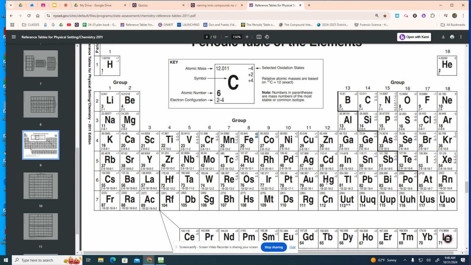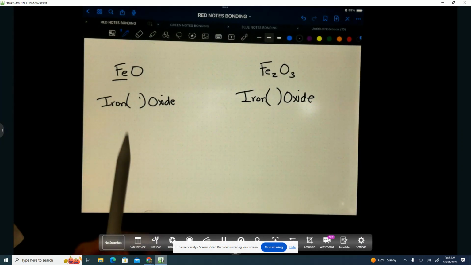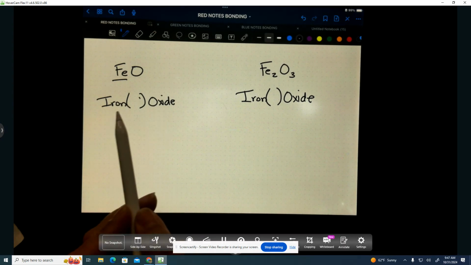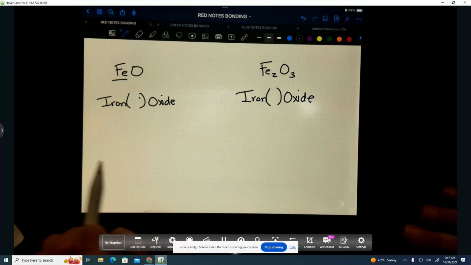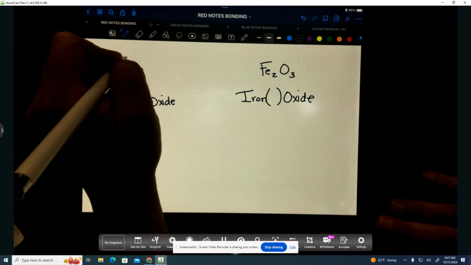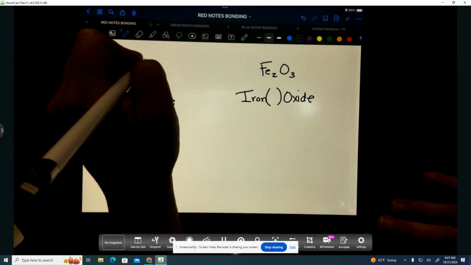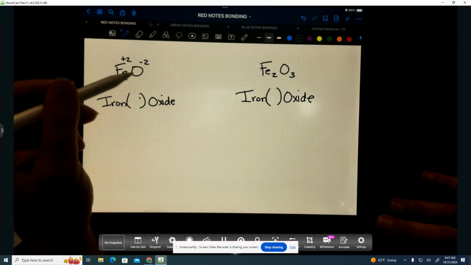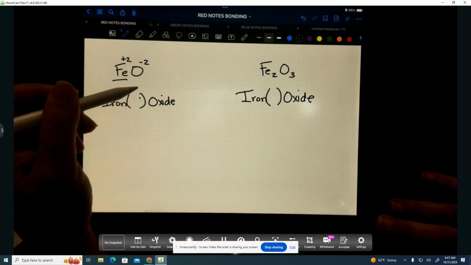If there are multiple oxidation numbers, we are going to have to add parentheses between the metal cation and the anion's name, the metal and the nonmetal. This parentheses is going to tell us which oxidation number we used to make this formula.